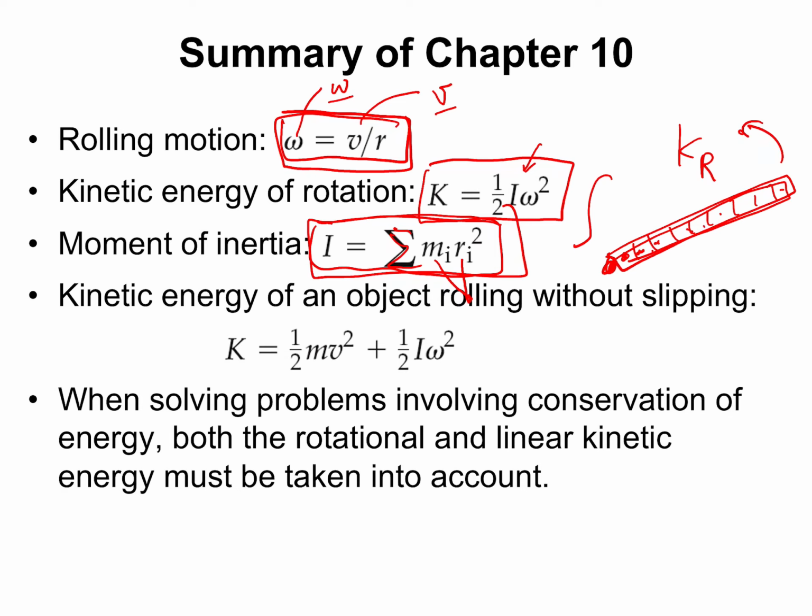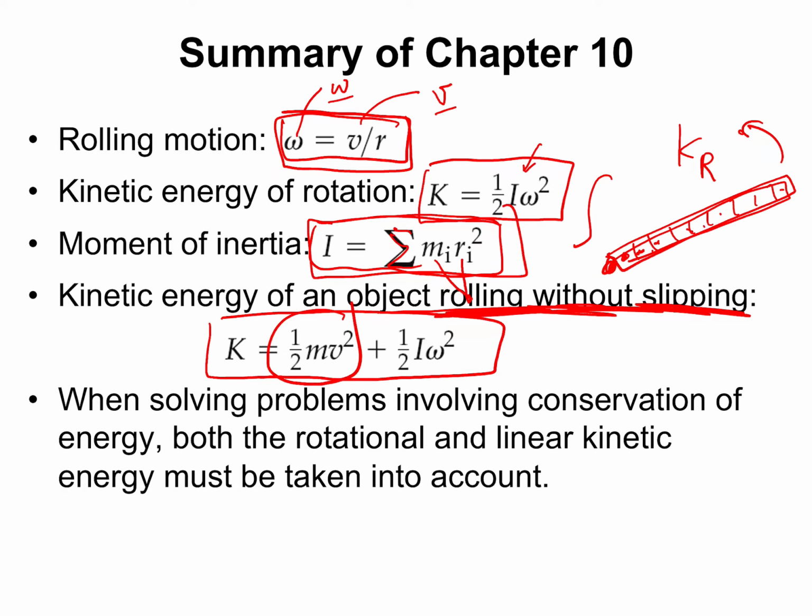Okay, rolling with no slipping, right? This is called pure rolling. Then for the kinetic energy, you have two parts, because in pure rolling we can always separate it into linear motion and rotational motion. So the kinetic energy for the linear motion is 1/2 mv square, and for the rotational motion is 1/2 I omega square.